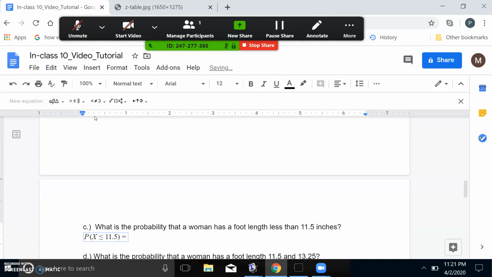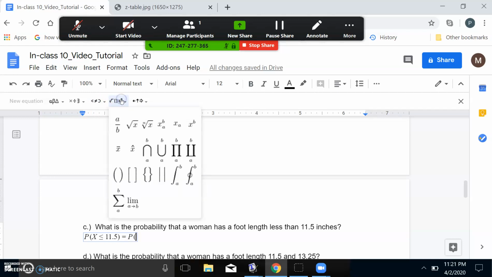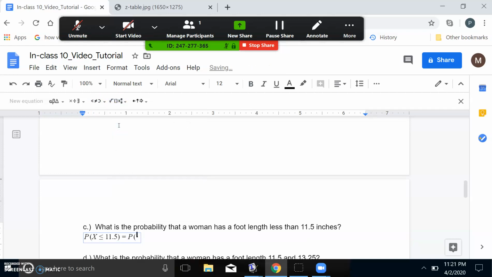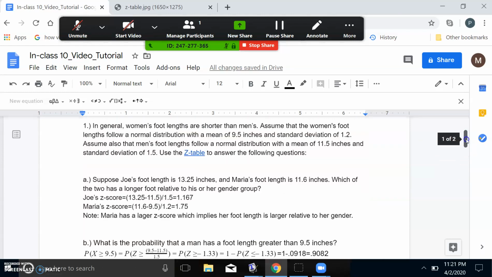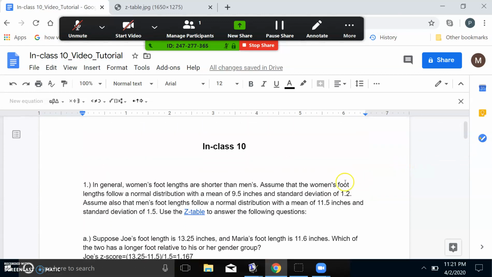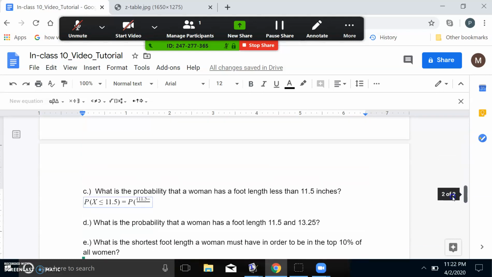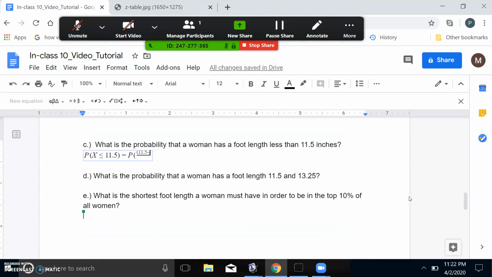We have to do the z-score on this. So it'll be 11.5 minus the woman's mean, which is 9.5, so minus 9.5.